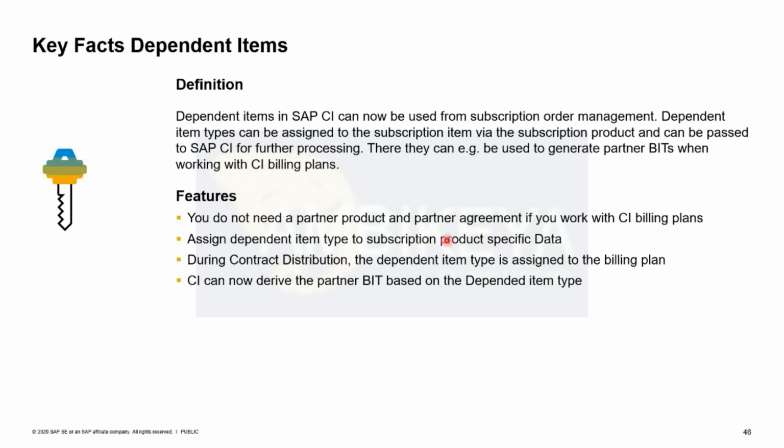This is not a partner product, just a customer subscription product, to which we can now assign a dependent item type. And during contract distribution, this dependent item type gets assigned to a bill plan. And when bits are requested for the customer, partner bits get automatically created in the system.